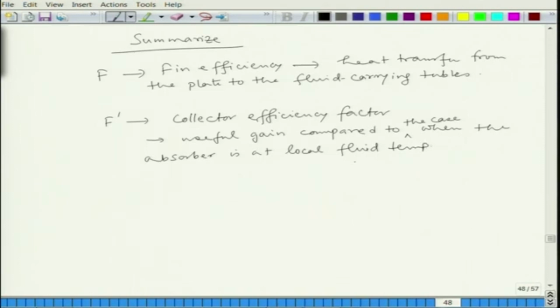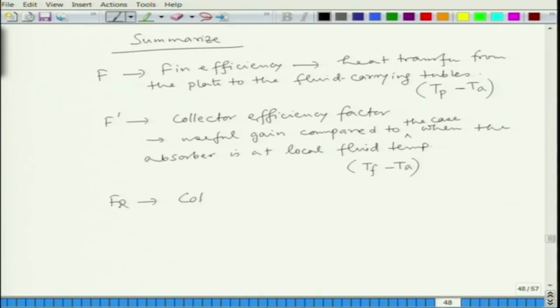Okay. So, this relates the useful heat gain in terms of Tf minus Ta. The first one was Tp minus Ta, that is the relation. Now, the collector efficiency factor F prime brings it to Tf minus Ta.